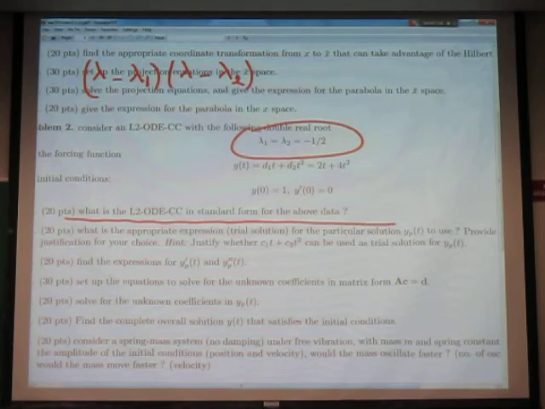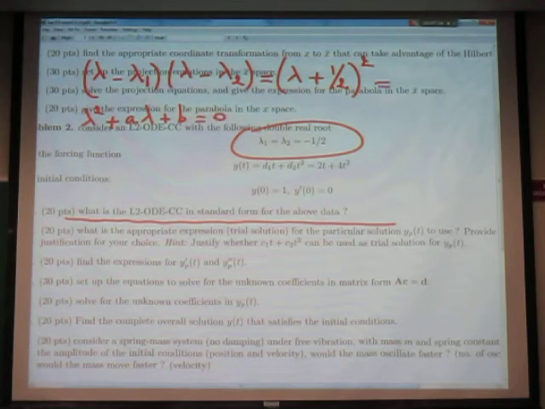In this case, lambda 1 equals lambda 2, and therefore you simply have lambda plus 1/2 squared. When you expand out, you would have lambda squared plus a lambda plus b equal to 0, where a and b are just the coefficients.